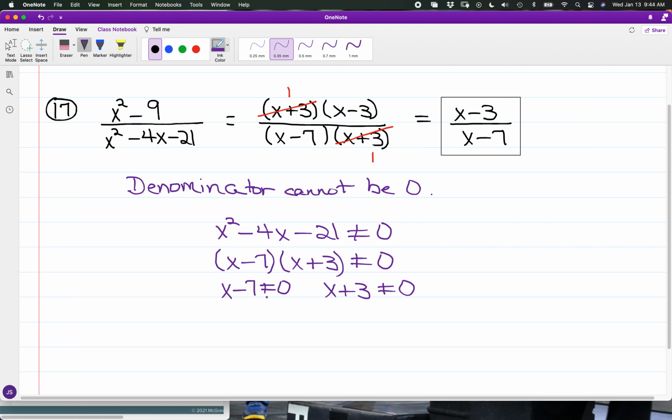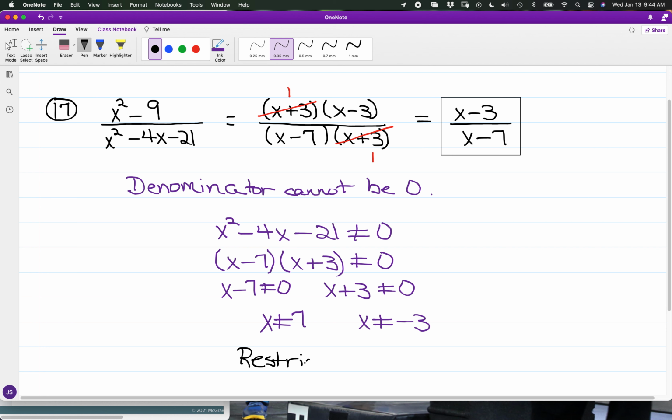So if x minus 7 cannot be 0, we have x cannot be 7. As for x plus 3, if this cannot be 0, then x cannot be negative 3. And so this is going to lead to what we have for the restricted values.